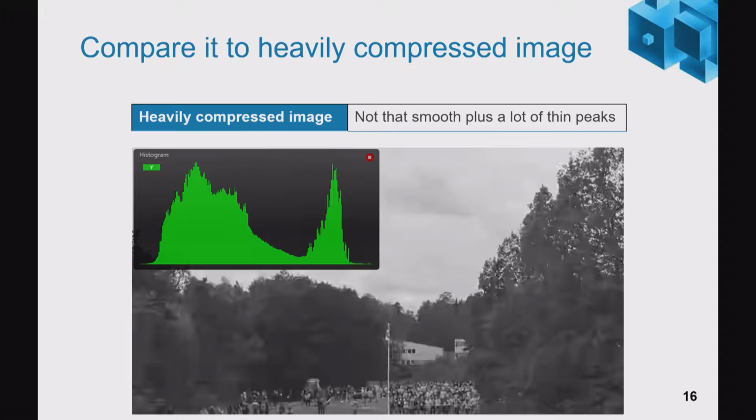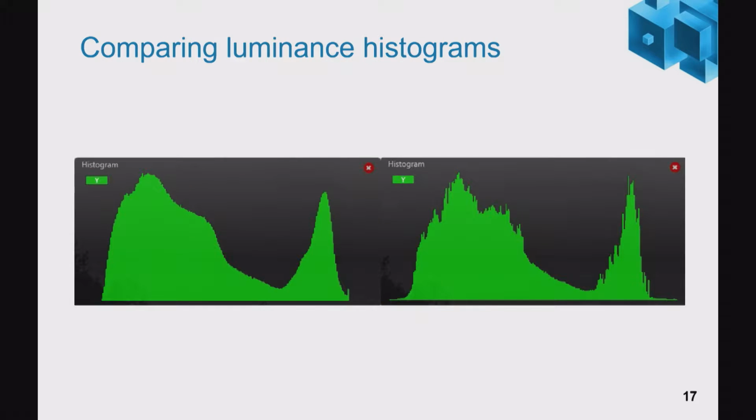Actually, you see that the histograms are quite different. This is the difference. So we get some measure of quality from the Luma histogram. And this is a very good metric, but it does not work well enough for predicted frames.